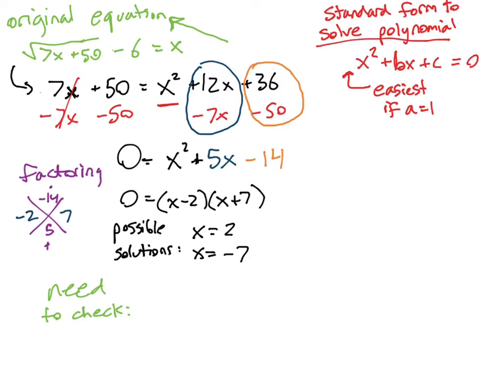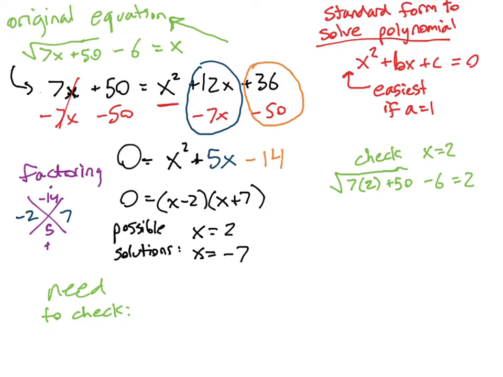So let's check and see if x equals 2 is a valid solution. We're going to take the original equation that we had, but anywhere that there was an x, now we're going to replace that with +2. And we want to simplify the left side of this equation and make sure that it does indeed equal 2.